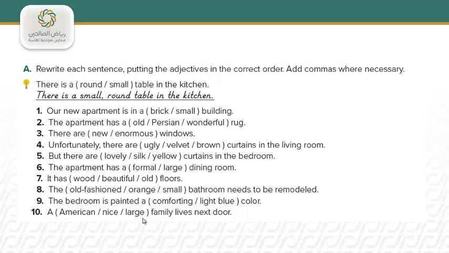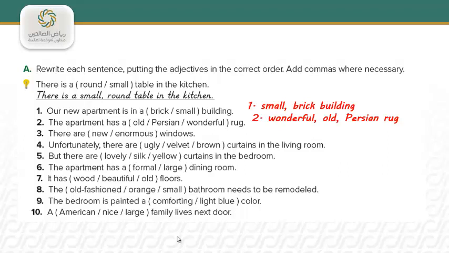And here we go for number 3. There are new enormous windows. Of course enormous because it signals the size. There are enormous new windows. And so on. Think of the rest of the exercise and you will find the answers like this.